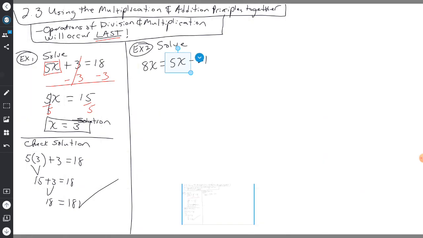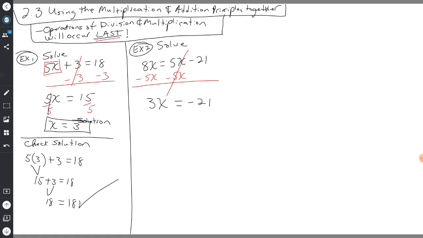Because it's positive now, we do minus 5x on both sides. So that way it cancels itself out over here. And we're left with 3x, right? 3x is equal to negative 21.